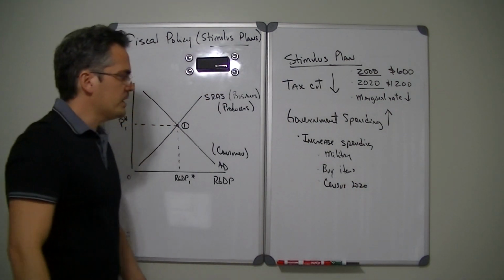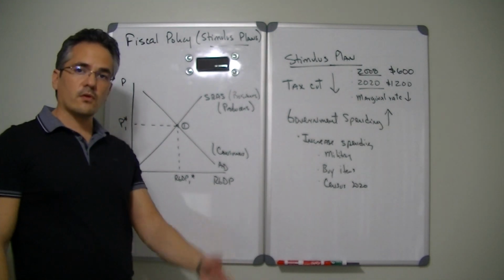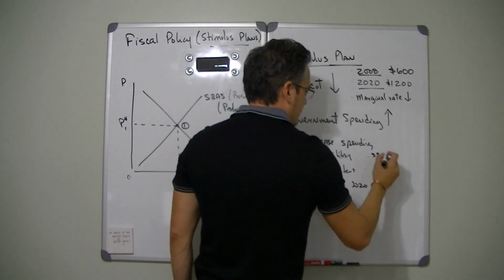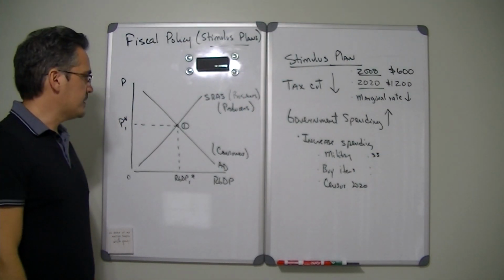Okay? Or when the government decides to spend more money on, say, welfare programs or things of that sort, or maybe, again, an increase in Social Security payments or things of that sort. All right, so that's an increase in government spending.